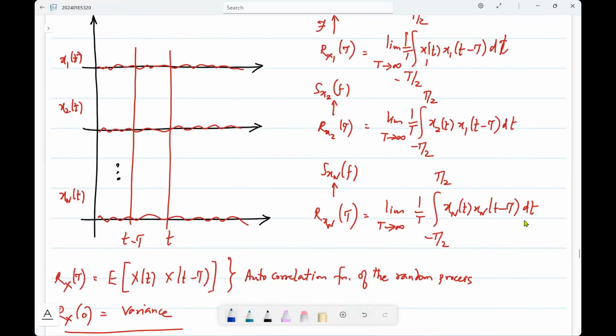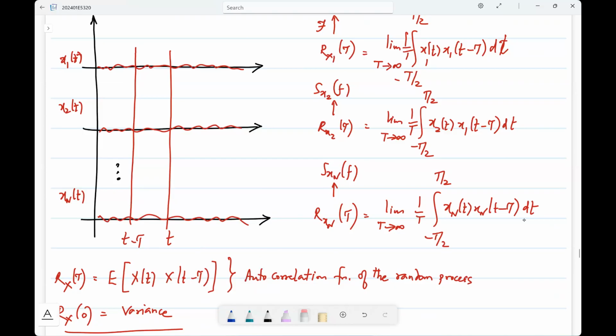Each signal is a known time domain signal. That is what is shown on the right side. And you can take the Fourier transform of that. Or you can take this expectation. This is the autocorrelation of a random process. This is the expectation, that means averaging over the ensemble weighted by the joint probability density function. For ergodic processes, this and that will be the same.